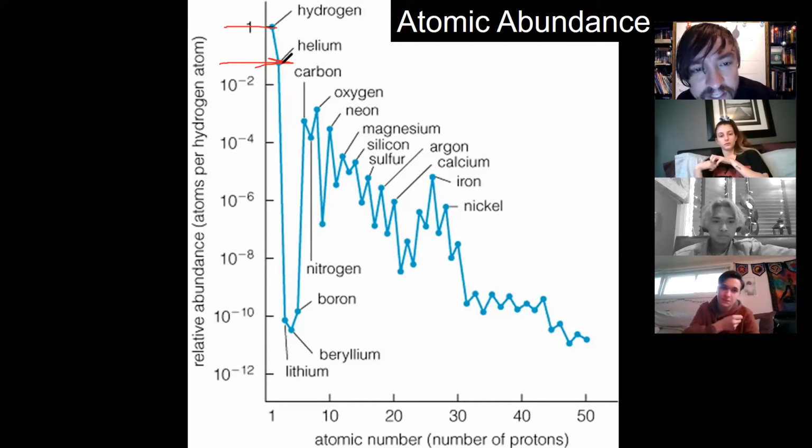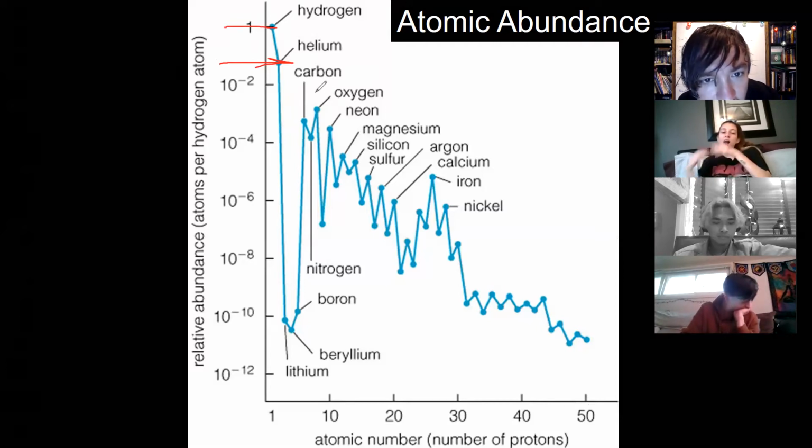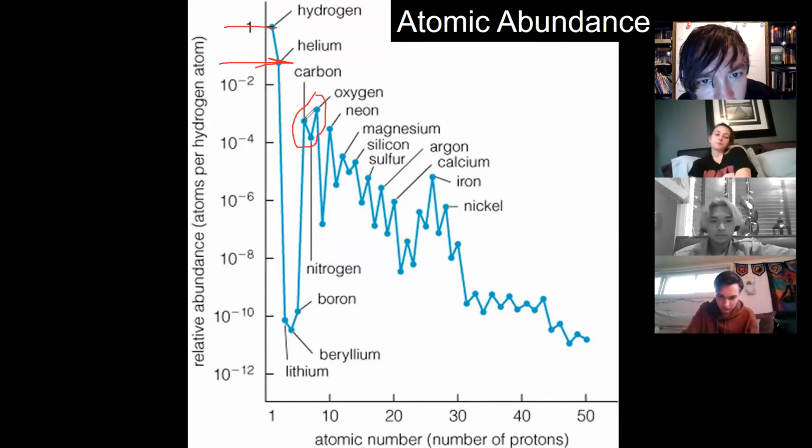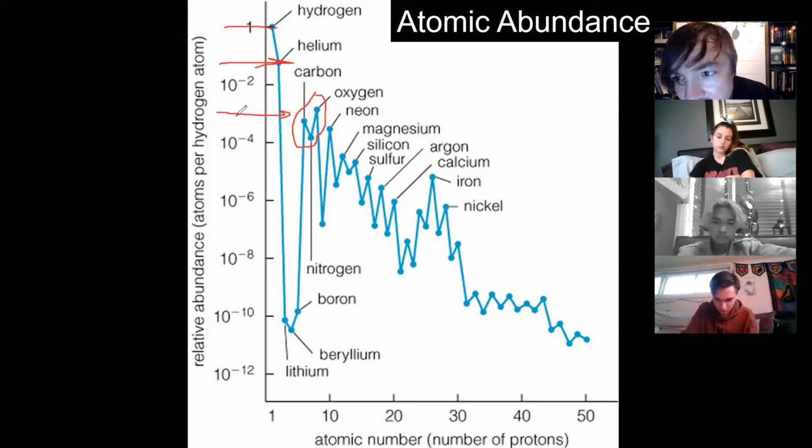So you have to count 10 hydrogen atoms to get 1 helium. You guys will notice that the next most abundant elements in the periodic table are carbon, nitrogen, and oxygen. And they have abundances of roughly 1/1000th that of hydrogen. So you have to count 1,000 hydrogen atoms in space before you find 1 carbon.